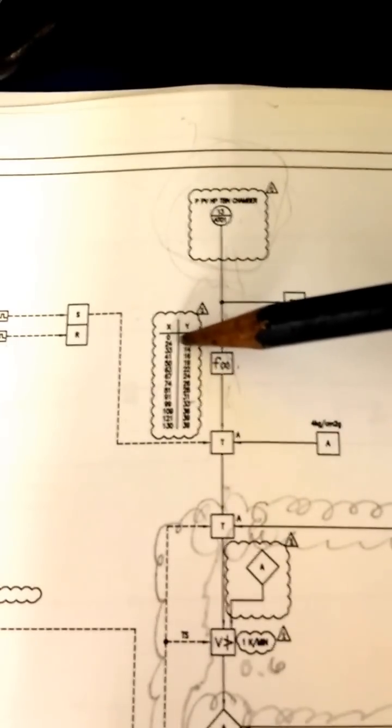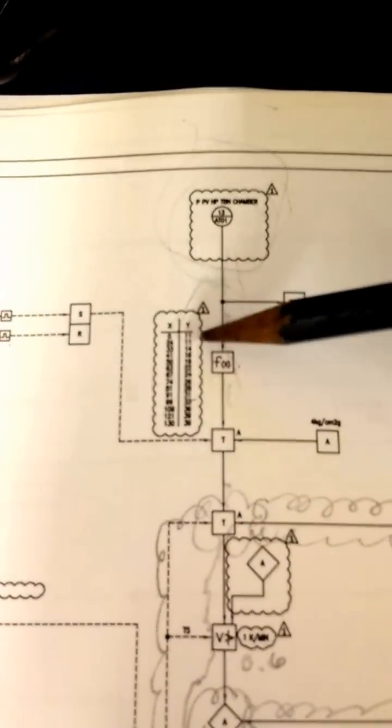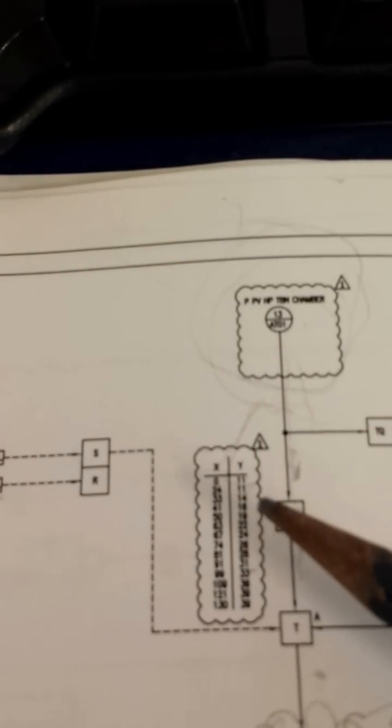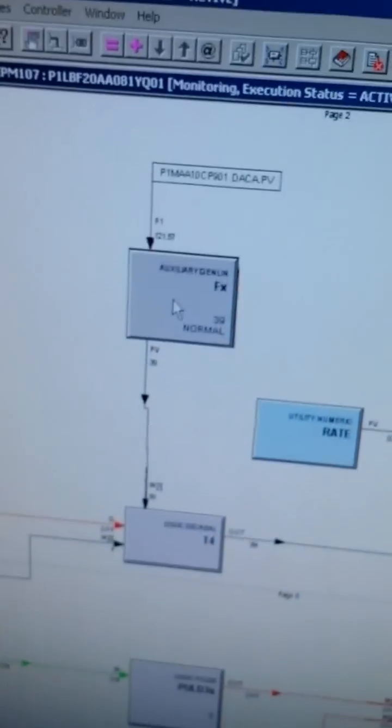Now if the input is 0, the output is 11. You can see, sorry, my hands are shaking. 0, 11, 24, 11, 33, 14. We can see it here, we just double click this one.